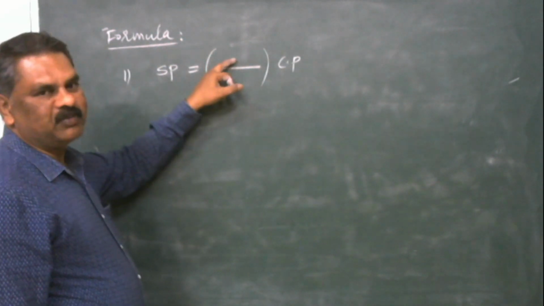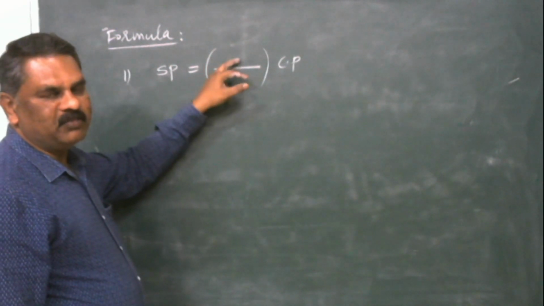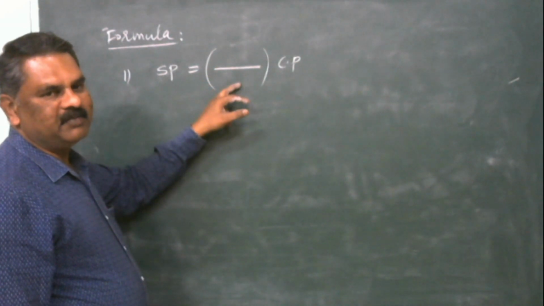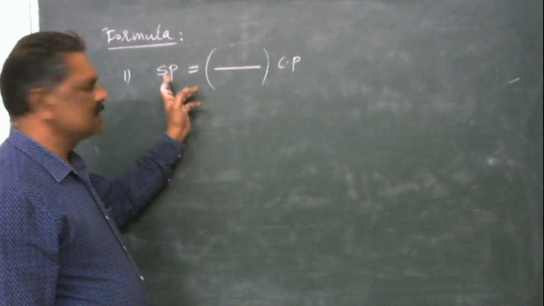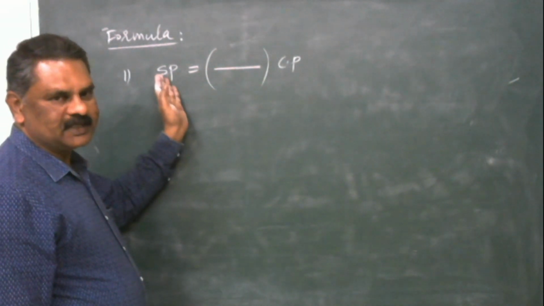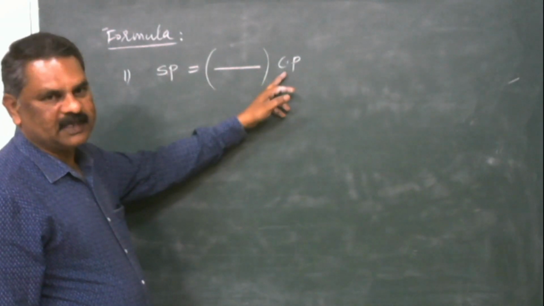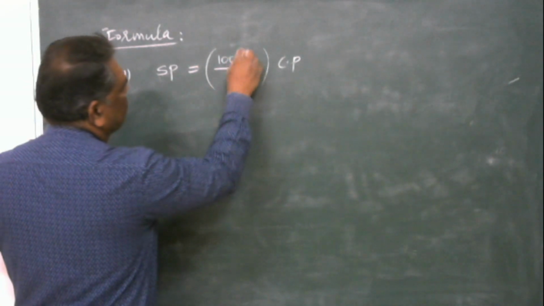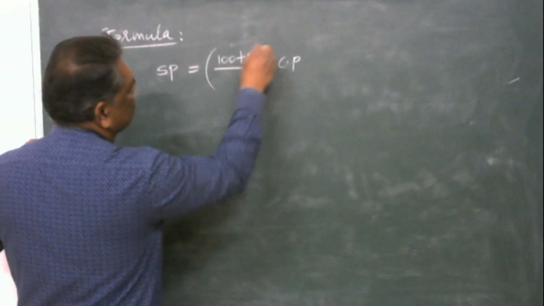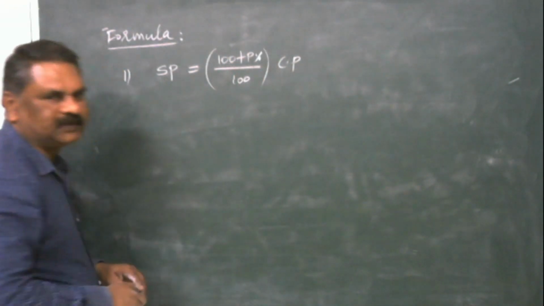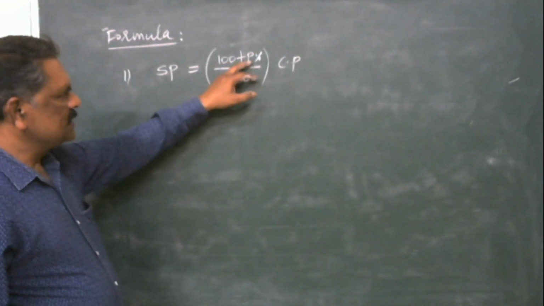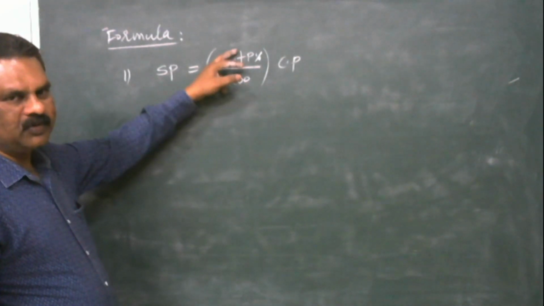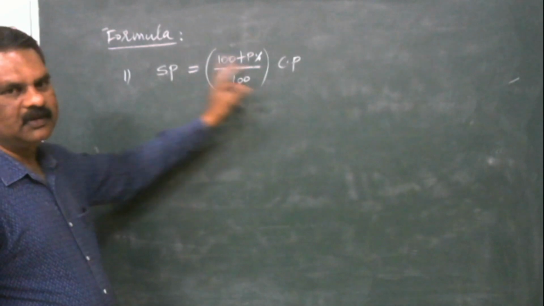Selling price will be more means numerator will be more, because selling price is more than the cost price. So we will put (100 plus profit percent) by 100. Very simple. Numerator is more, so SP is more.